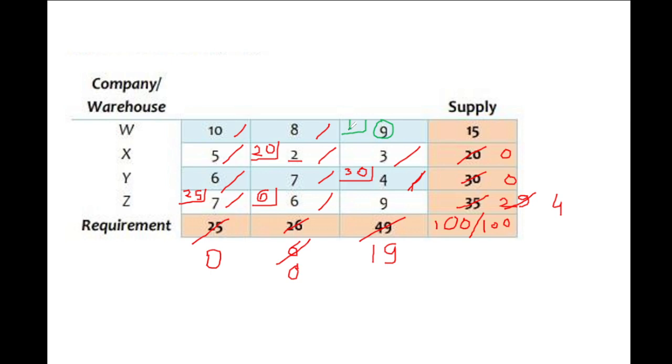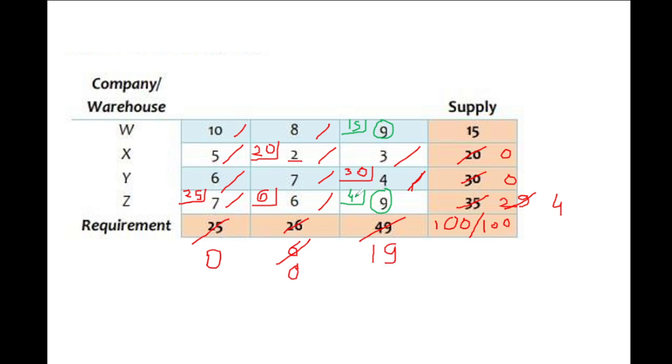Okay, so the 15 will be selected. And suppose if I'm selecting this one, then 4 will be the case, because 4 is the supply and 19 is the demand for this one.